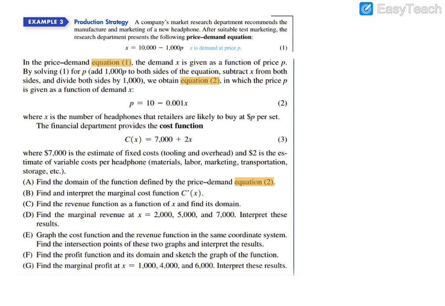So let's look at the first question. Find the domain of the function defined by the price-demand equation.